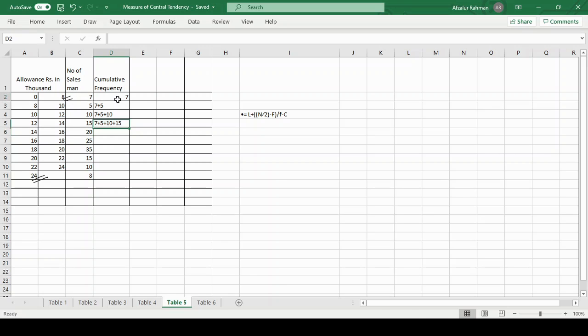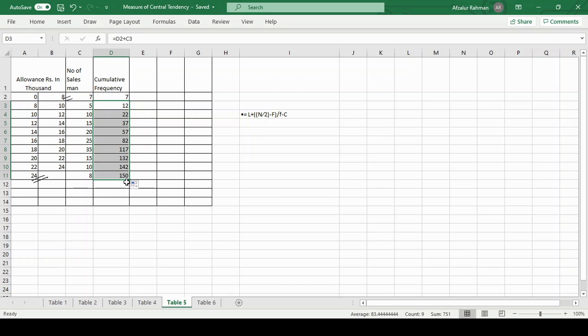In Excel, we can use a formula. The first is 7, the second is equal to the previous one, 7, plus this cell. Now it is easy; we can drag.